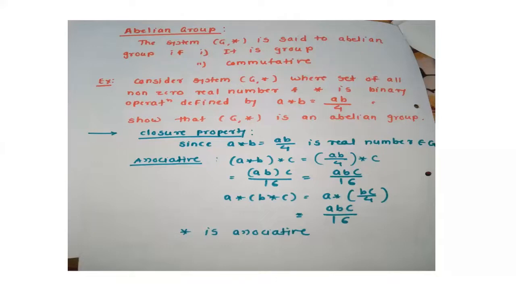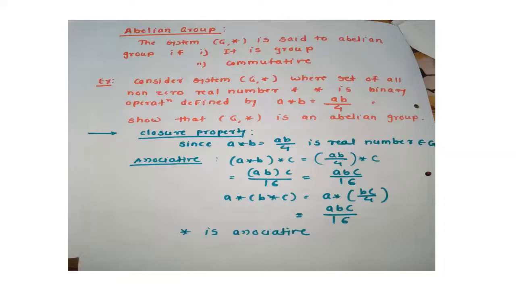You have to satisfy these three properties for the monoid. For a group, you have to satisfy associative, closure, and identity, and you have to find the identity element. Last, you have to find the inverse element for every element. So this is nothing but your group.